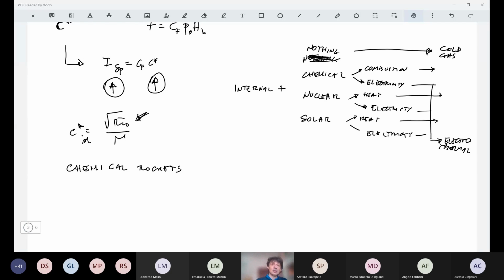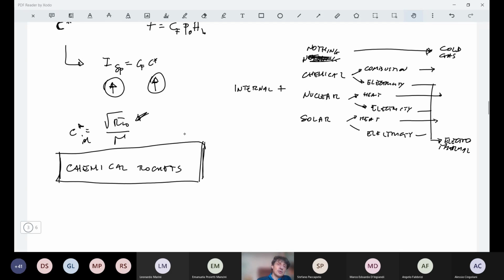We focus on this family, and we will only mention at the end of the course the other options that we have. The reason is that most of the rockets realized so far, the ones that allow us to get access to space, are chemical rockets. So it's important to have a knowledge of them. Of course, cold gas rockets are often considered part of chemical rockets, despite there being no reactions to be considered for them.